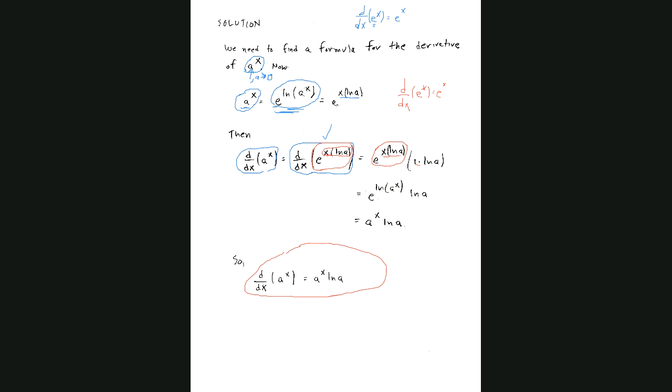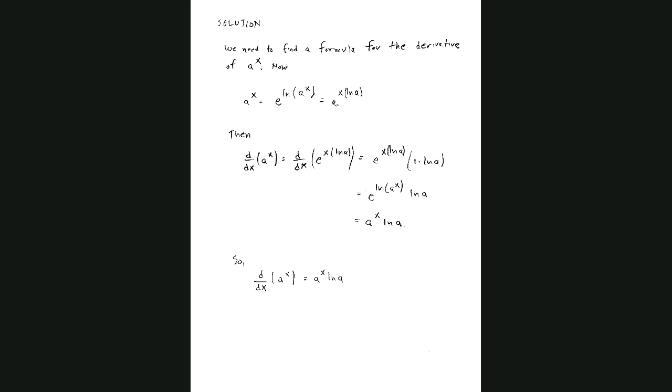The reason it comes up, John, the 1 times the log of a, is by the chain rule. You took the derivative of your outer function, and that got you e to the power x log of a. But then you have to take the derivative of the inner function, which is x times the log of a.